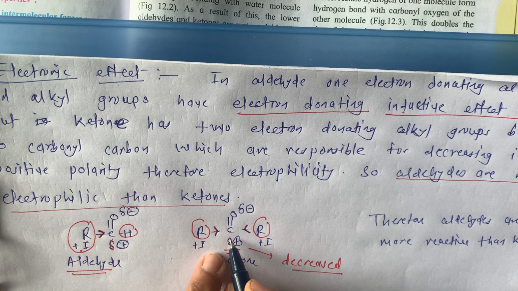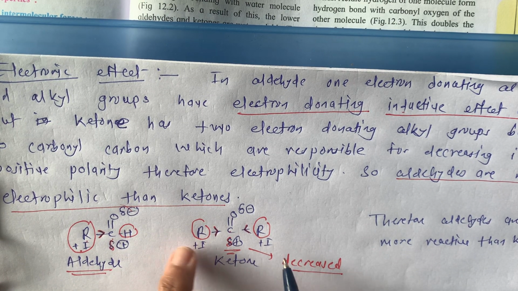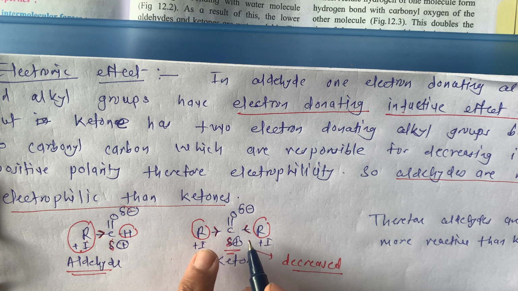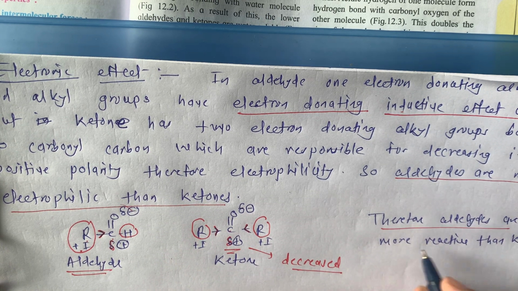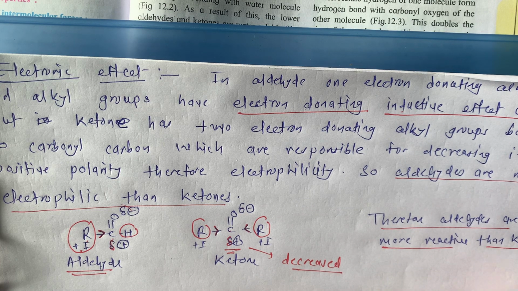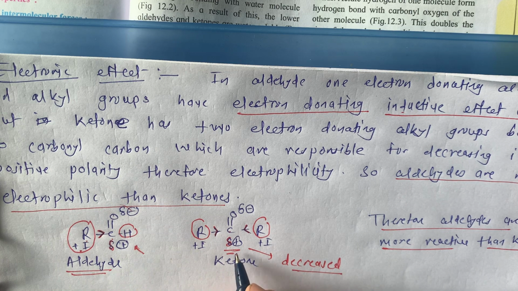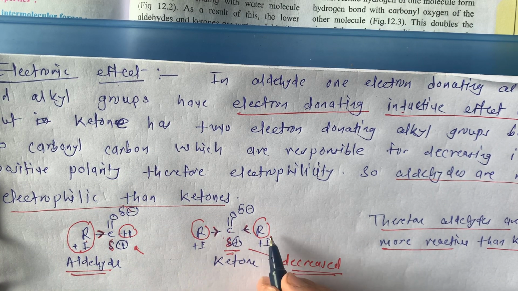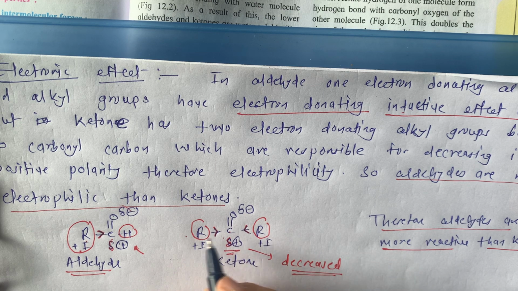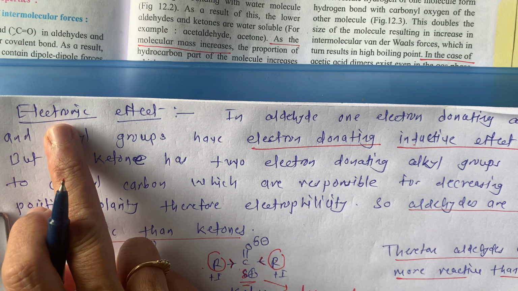But here this delta positive charge is going to decrease due to donation of electrons from these 2 R's. Therefore, aldehydes are more reactive than ketones. So attack on this is very easy compared to this, because this charge is decreased due to these 2 positive inductive effects of alkyl groups.